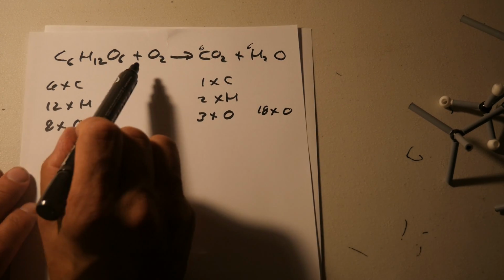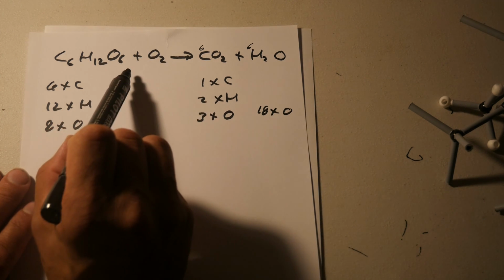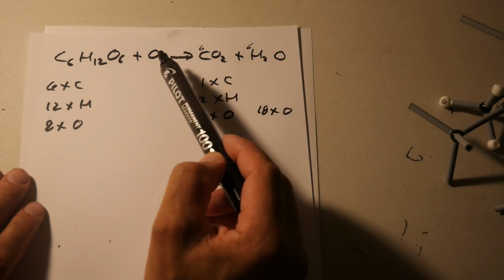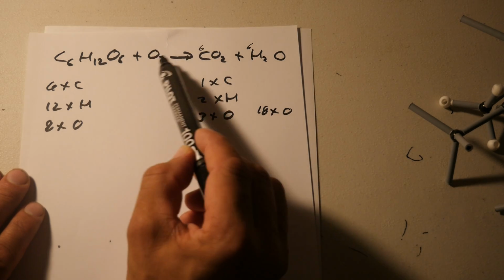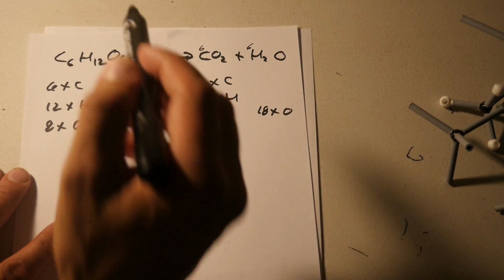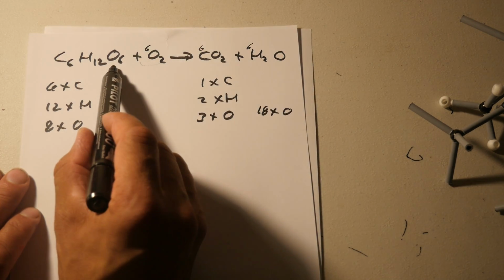So you could make this, the 6 there, you've got to make 18 total. You've got to turn this into 12, okay? So if you put 6 there, 6 times 2 is 12 plus 6 is 18.